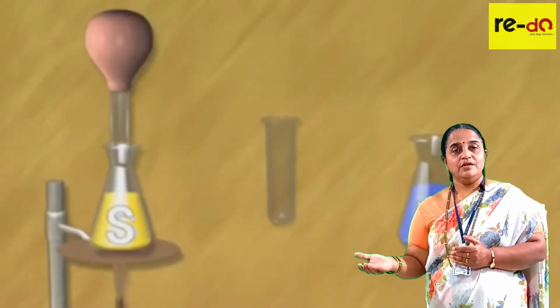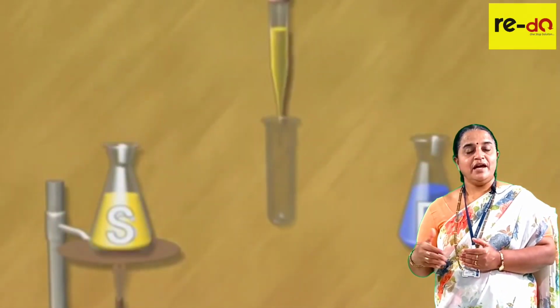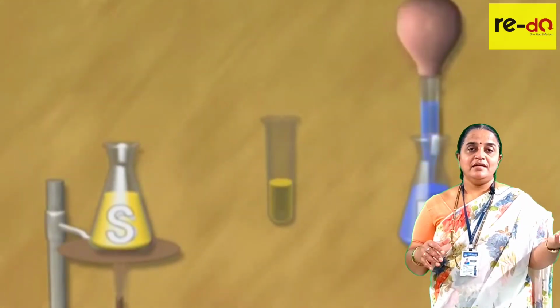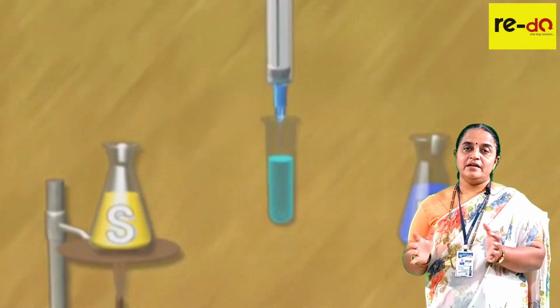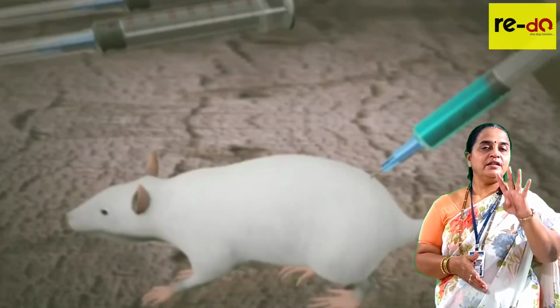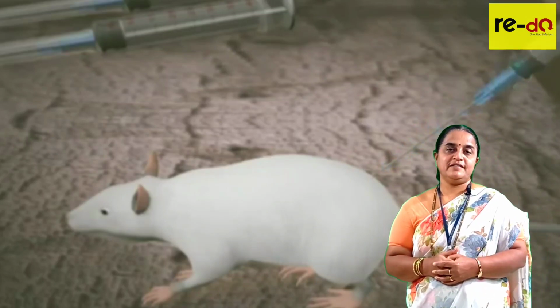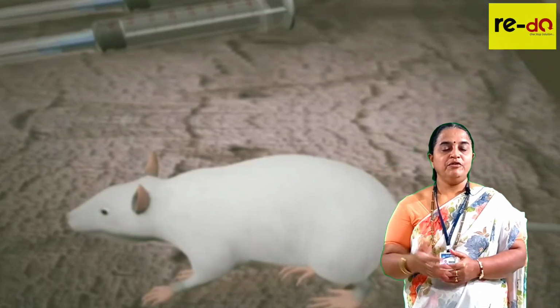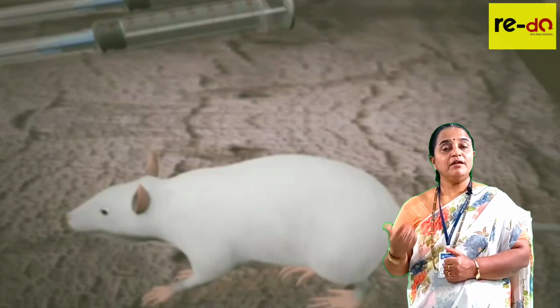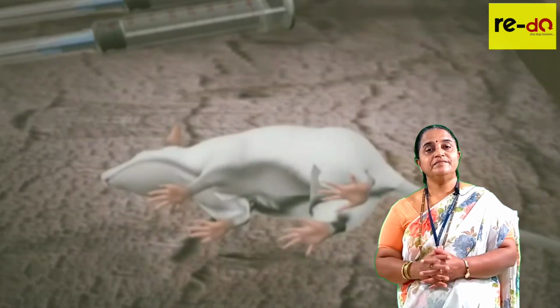He took smooth bacteria, attenuated them, paralyzed them, and normal R bacteria, and made a mixture. This mixture he injected in the fourth group of mice. After a few days he saw the fourth group of mice developed pneumonia and died.